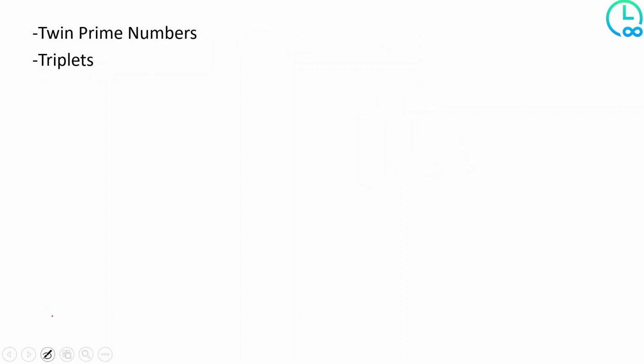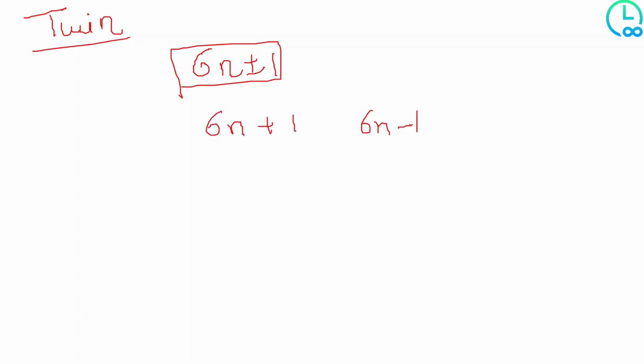In the starting of prime numbers, I told you that a prime number can be written in 6n plus minus 1 form. So what is the difference between 6n plus 1 and 6n minus 1? If you see, the difference between these two numbers is 2.